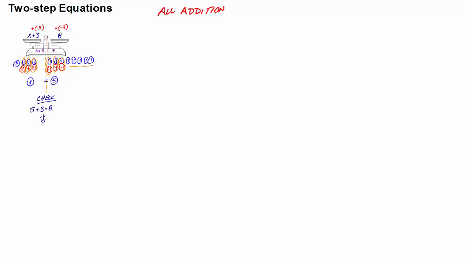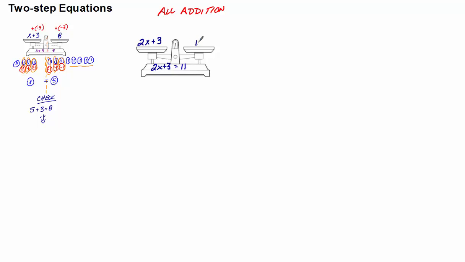All right, so let's bring another scale out, and let's do a second problem. This time we're going to do a two-step equation. So we'll do the problem this time, 2x plus 3 equals 11. So we're going to bring the 2x plus 3 up here.